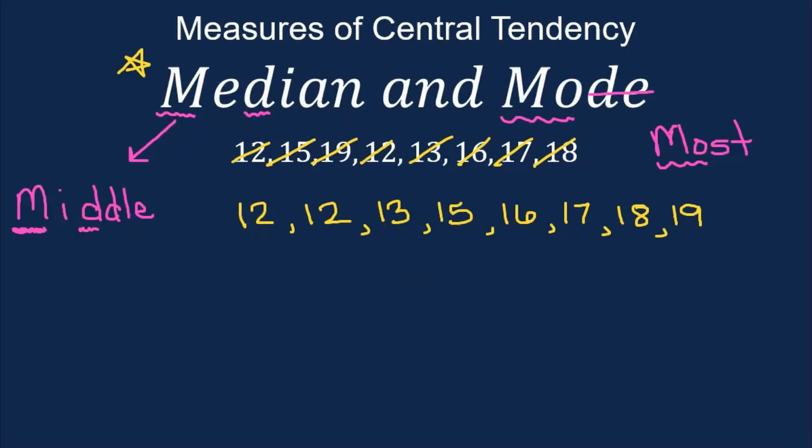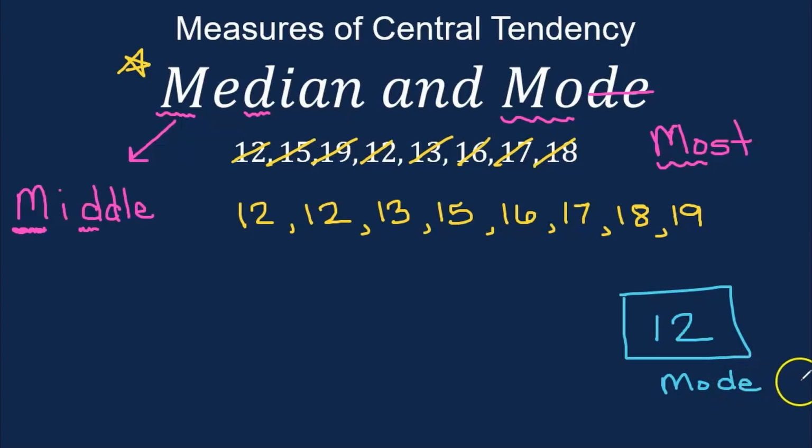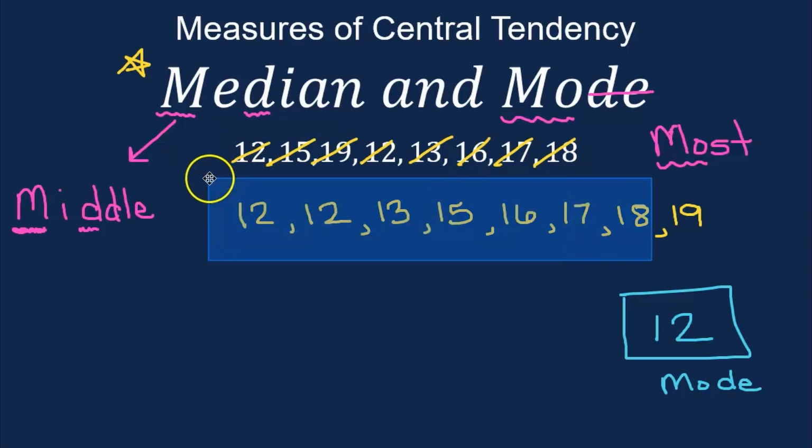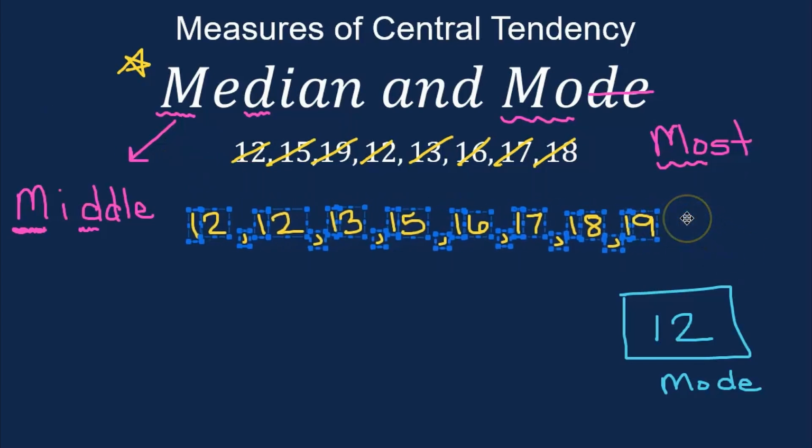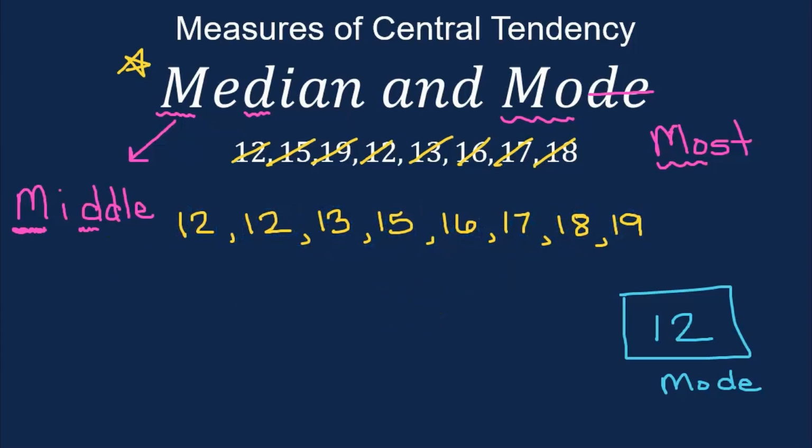Now, I'm going to first figure out which one is the mode. That's the easy one. Which one is listed the most? And you can see there's 2 12s, and so my mode is simply 12. Super easy. The middle gets a little bit harder with this data set. Let me move this data set just over a little so that we can work with it like this. And you'll see if I start to count from the outside, here's 1, 2, 3, and then I get stuck.